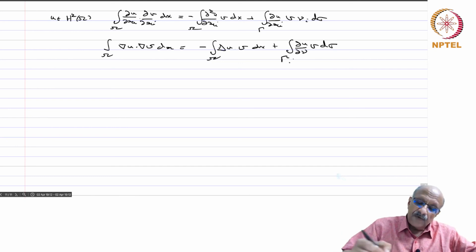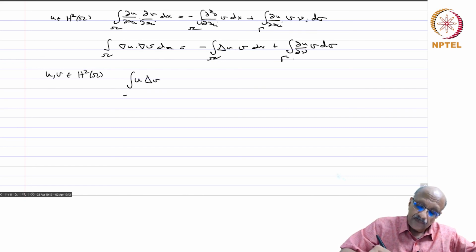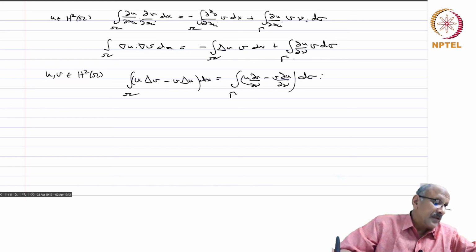Now if u and v are both in H^2 of Omega, then we can write the same thing with v instead of u. Then if you subtract, you will get the integral of u delta v minus v delta u dx equal to the integral on gamma of u dv/d nu minus v du/d nu d sigma.